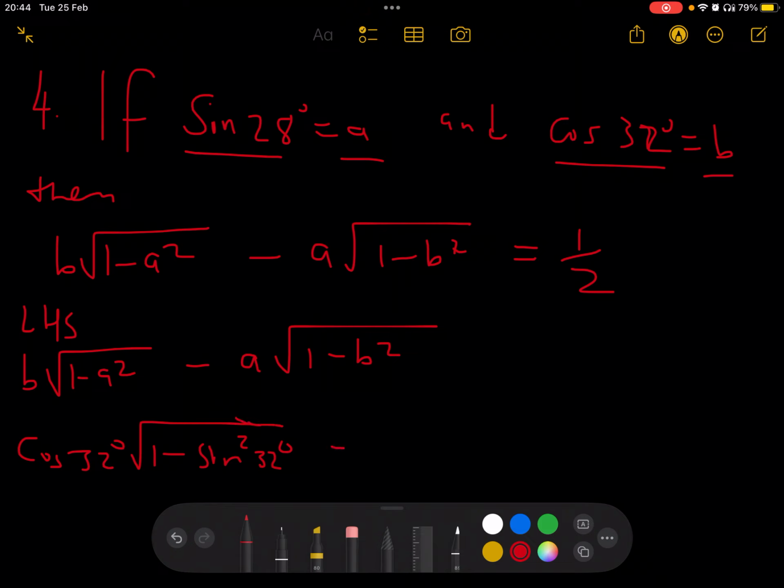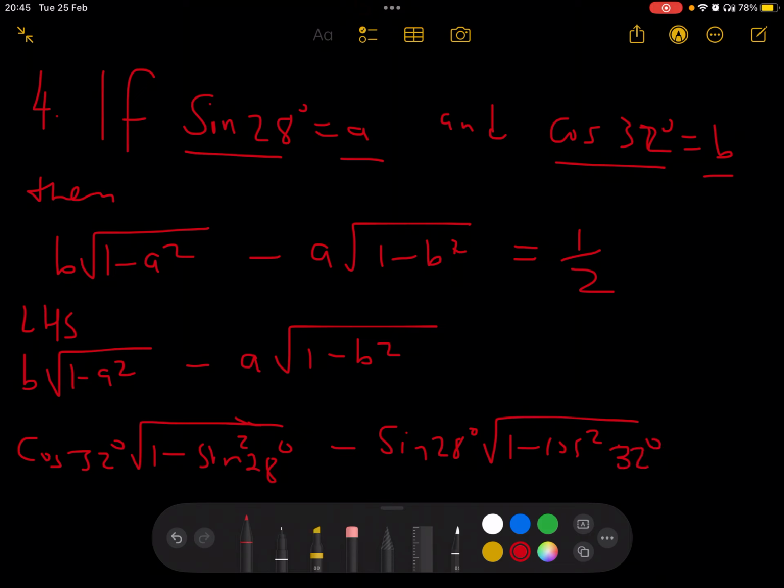Then minus sine 28 degrees square root of 1 minus cos squared 32 degrees. Why am I saying sine 32 when it's sine 28?